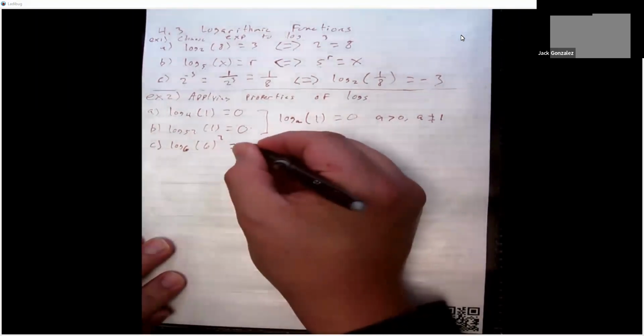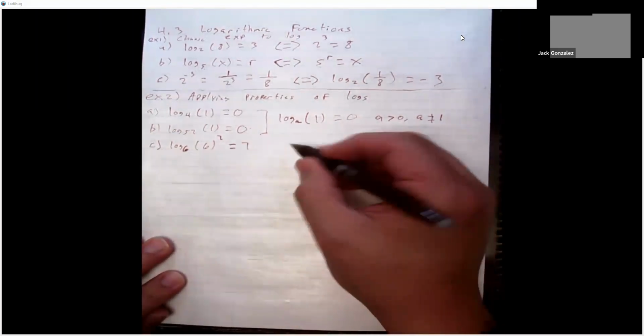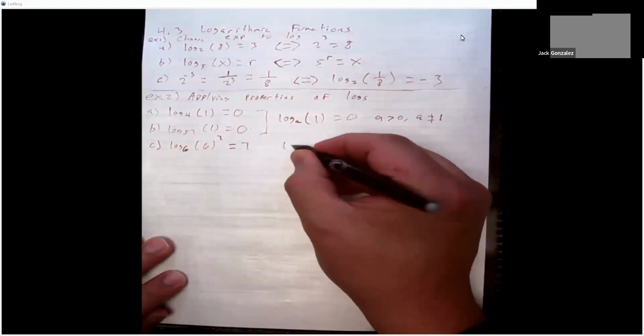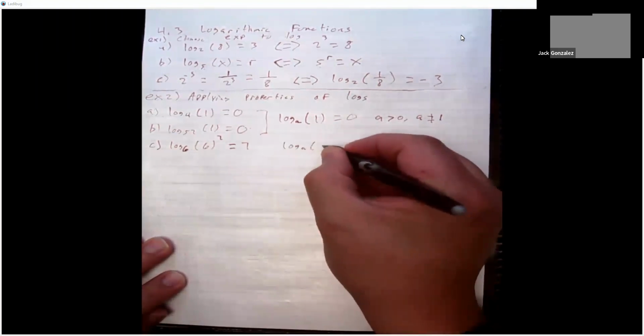We said if the bases match the arguments, they're going to cancel, leaving you only with the power. So this property was log A of A to the X, we said in the notes. This will be X.